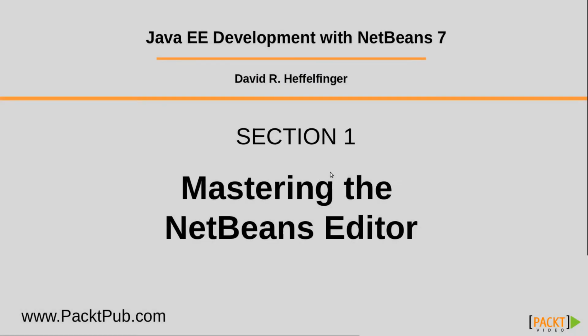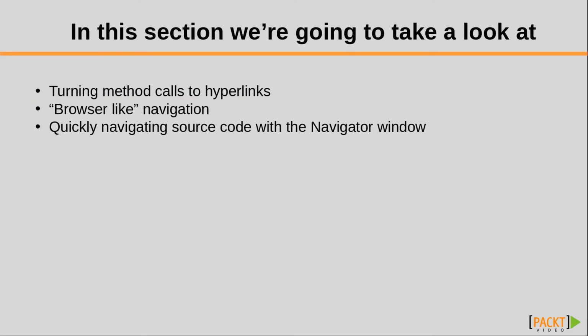Welcome. In this lesson, we are going to keep talking about the NetBeans editor. Specifically, we will be talking about code navigation. We will see how we can turn method calls into hyperlinks, and then click on that hyperlink to quickly navigate to a method call. We'll see how NetBeans has browser-like navigation.